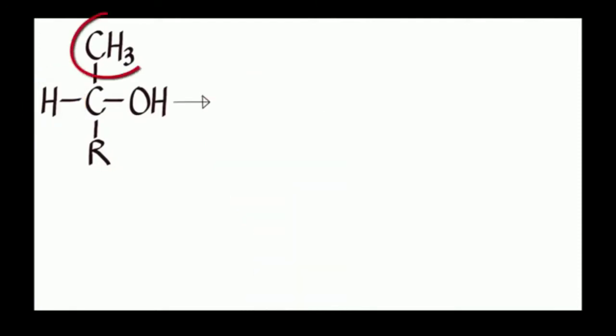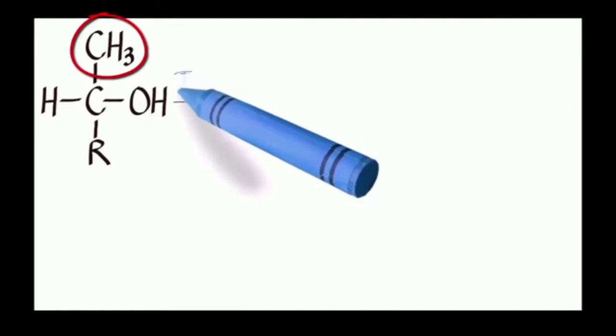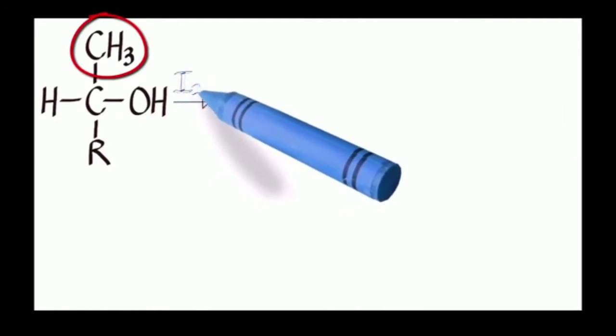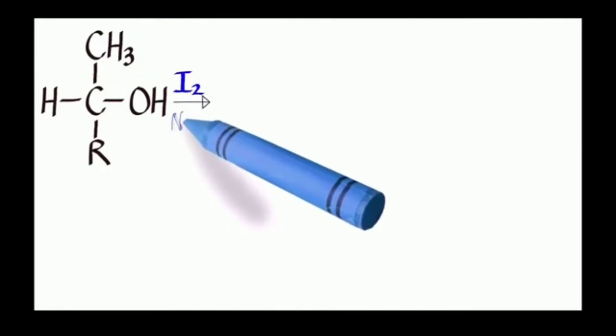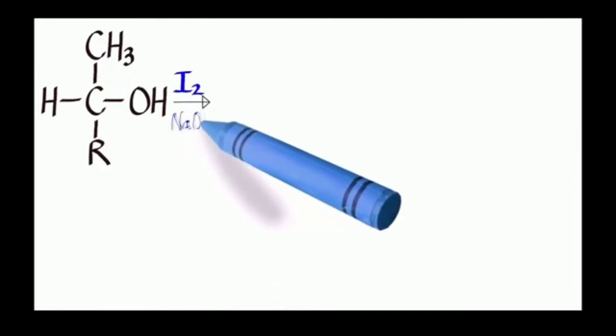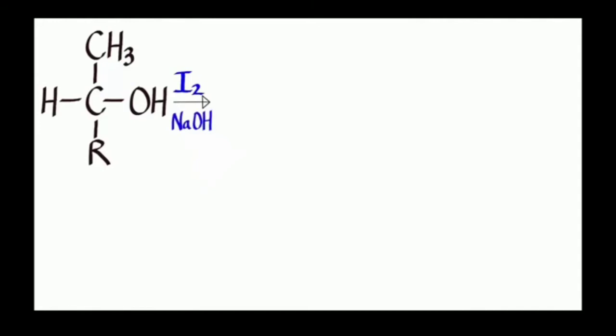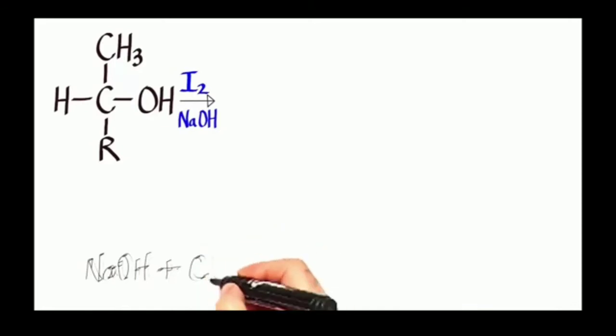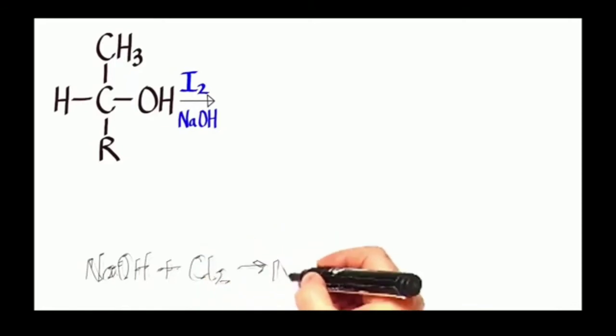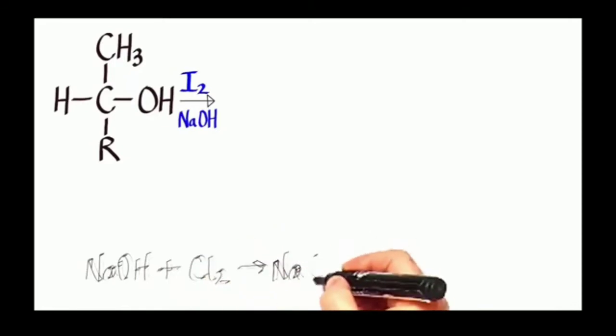And the methyl group, the CH3 group there, its requirement will become clear in that that's the group that ends up forming iodoform, properly known as triiodomethane. Now, in the first step of this iodoform test, which uses iodine solution and sodium hydroxide, this is what happens.